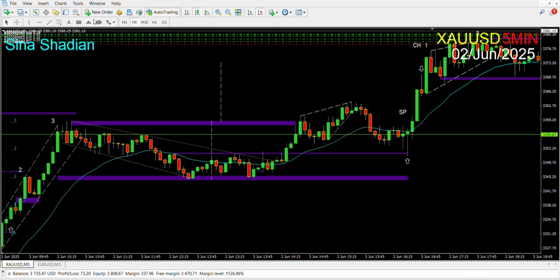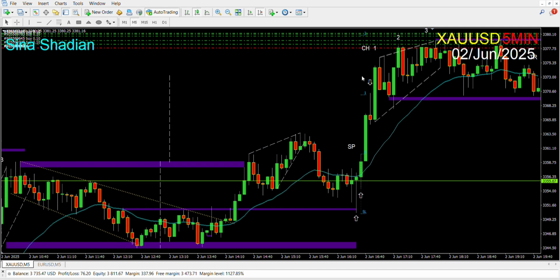So you see, if you had gone long here, which is a good idea, this is the signal bar and this is the entry bar. You could buy above this candle, put your stop loss below this one, and enter here with a 1 to 2 risk to reward ratio.